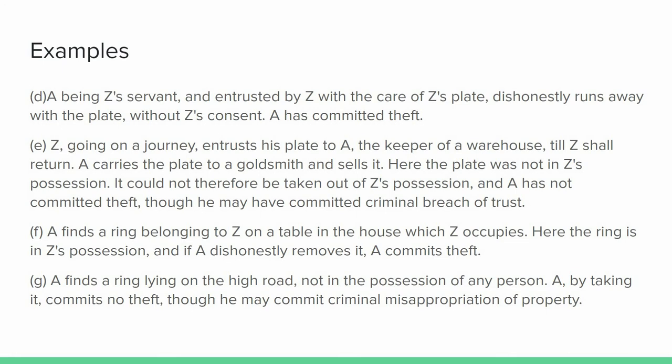Last example, A finds a ring lying on the high road, or a road which is not in the possession of any person. If A takes that ring, he will commit no theft, though he may commit criminal misappropriation of property. Okay, I hope all the examples are clear to you.